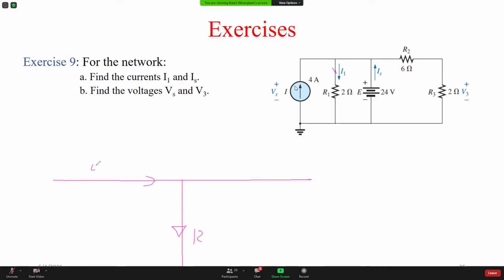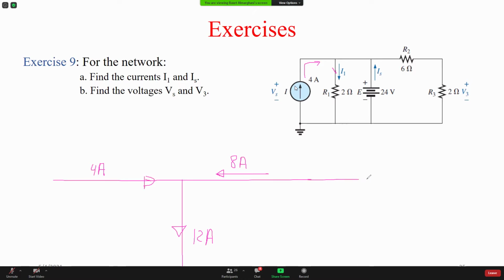The current here is 4. The source is telling me that there is 4 going this way. How much is the current here? Okay, 8. Because 8 coming and 4 coming, they will give me 12 leaving.